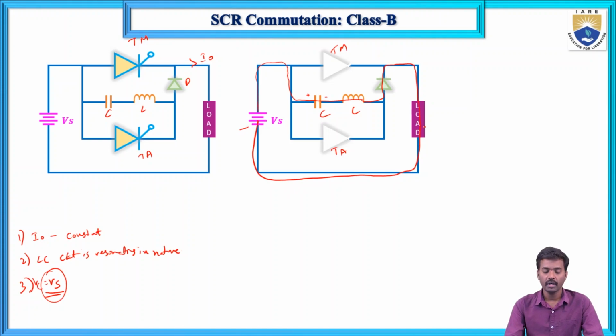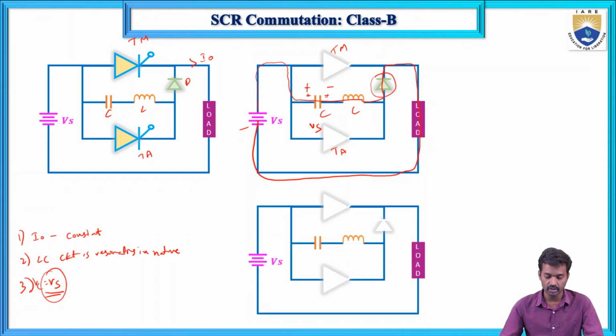Here the capacitor is charging, and it charges until it reaches Vs. Initially these terminals are minus and plus, and then they become plus and minus. In this case the diode is in reverse bias condition. So now the capacitor voltage is Vs.